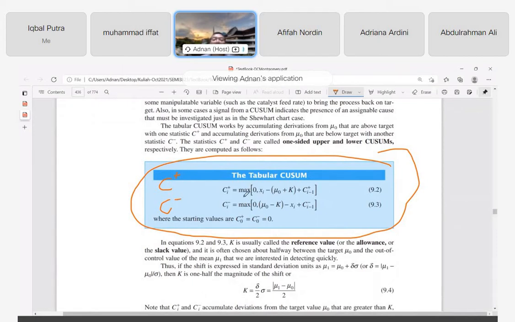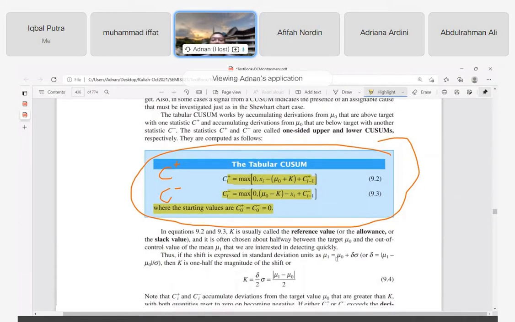Then you take the maximum value between 0 or x minus mu plus k plus the cumulative values. You see there is a slight modification in the formula. You are not only having the C values, but you are also referring to the K values. It also assumes the starting value of C plus and C minus is 0.